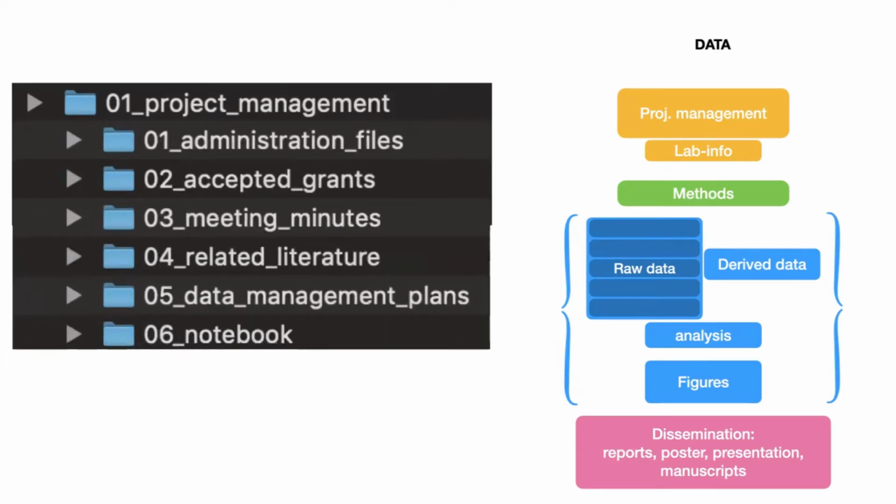The first one has all project management files, and this can go from accepted grants, so what you're supposed to do during your project. Meeting minutes are quite important if you want to follow what your feedback was along the project. Of course, here will come also data management plans that will explain how you organize the data itself.